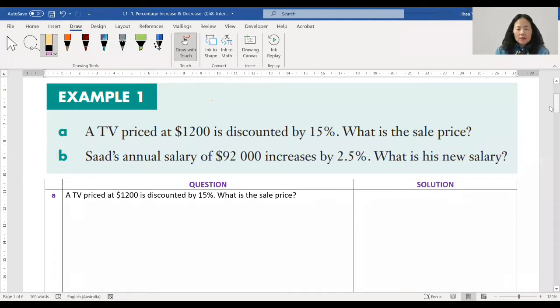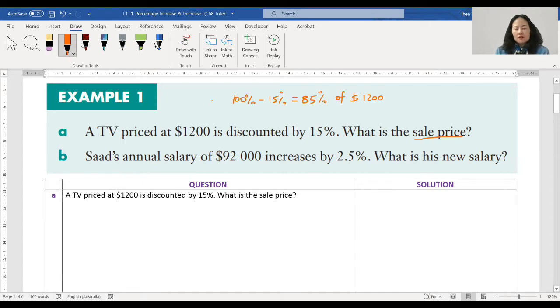You are only going to pay 85%, because 100% take away 15%, because it's been discounted that much. So you're only going to pay 85% of the original price, which is 1,200. That will be your new sale price.